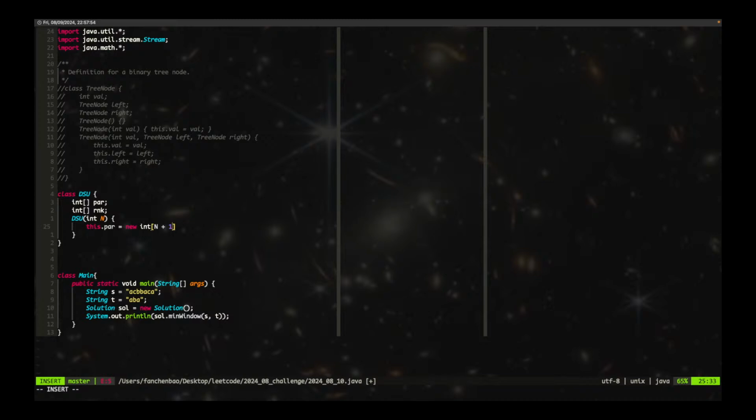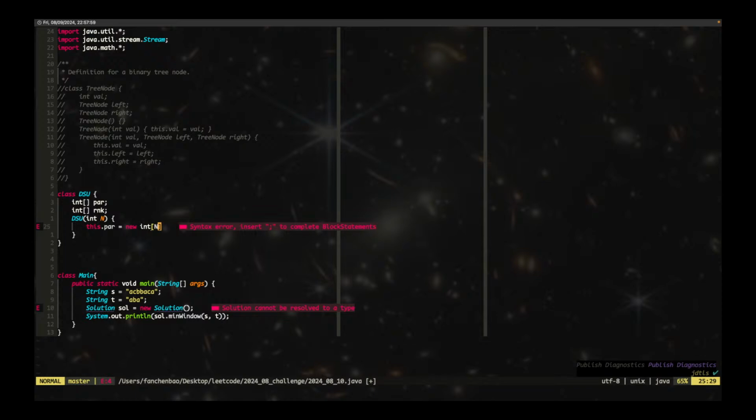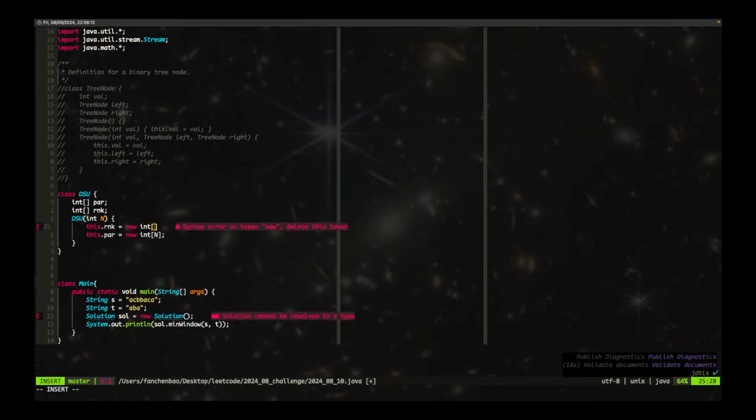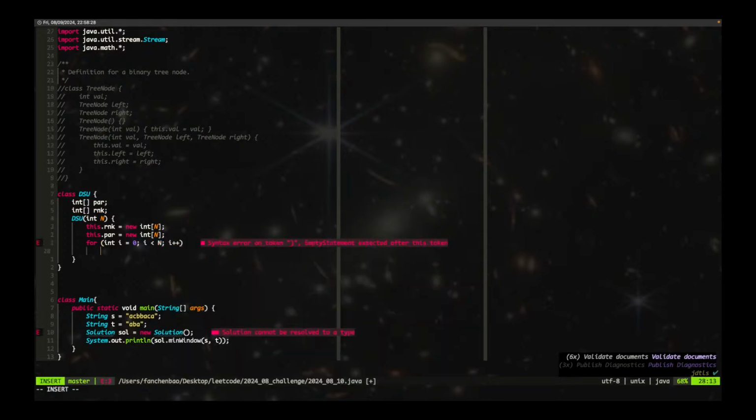Maybe not. We don't do plus 1, just do the n. Parent is themselves. Okay, parent needs to be themselves. Everybody has the same rank, and then for int i equal to 0, i plus plus, this.parent[i] equals i.